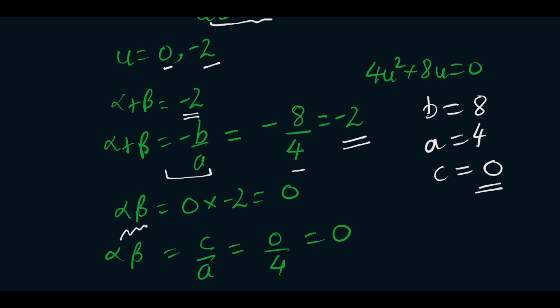Now alpha times beta will be equal to 0 multiplied by minus 2, which is equal to 0, and alpha multiplied by beta is equal to c by a. c is 0, 0 divided by a, which is 4, so we get 0. So alpha beta is equal to c by a.